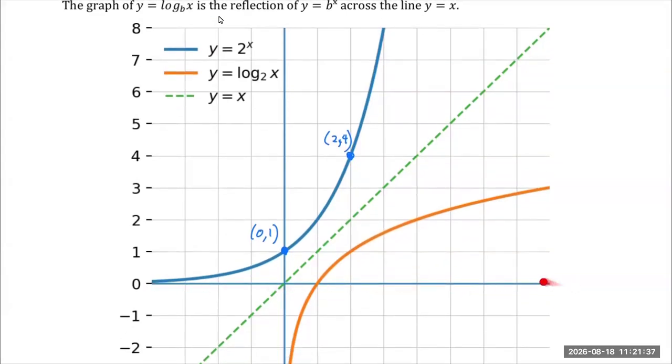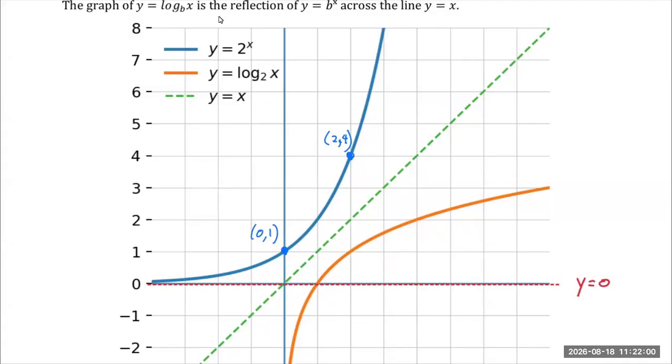That horizontal asymptote is going to be this line here. I'm going to use a dashed line to draw that horizontal asymptote. So this horizontal asymptote has the equation y equal to 0.